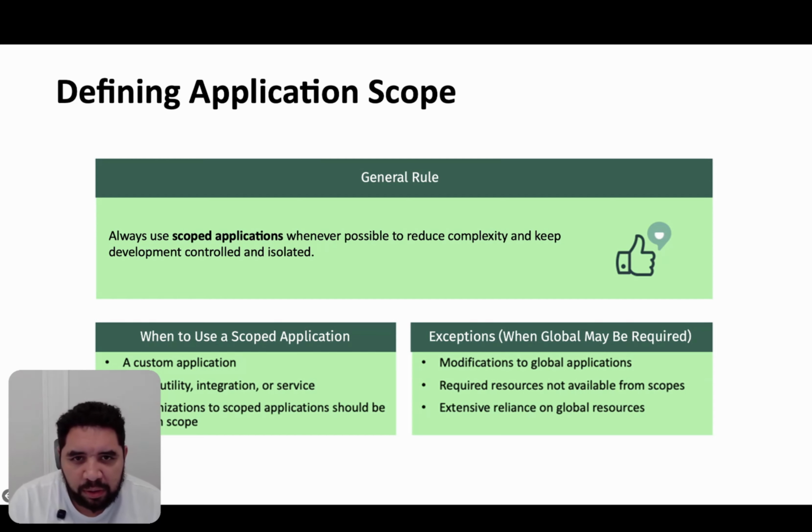In other words, if your solution is specific to one application, it should live inside its own scope. There are exceptions. Sometimes you need to work in global, especially when modifying existing global applications or when required features are not available in the scoped apps. But those cases should be treated as exceptions, not the default. Correct scope definition is one of the key foundations of scalable and safe ServiceNow development.